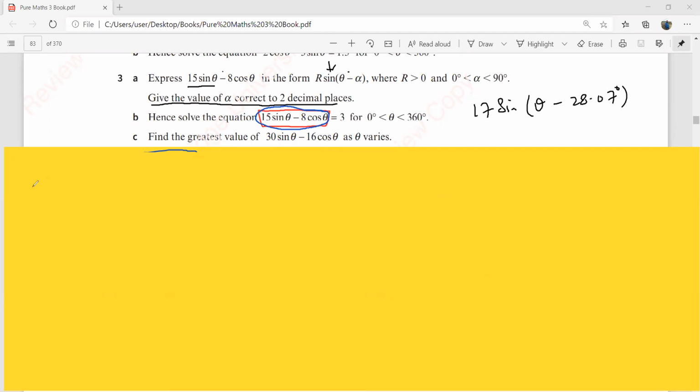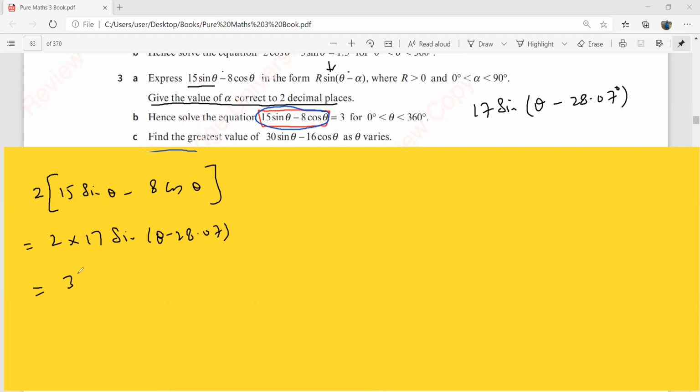Now we know that this is basically 2 into 15 sine theta minus 8 cos theta. Yes, we can use this expression here. Instead of this, I'll be writing 17 sine theta minus 28.07. So this will become 2 into 17 sine theta minus 28.07. That is 34 sine theta minus 28.07.